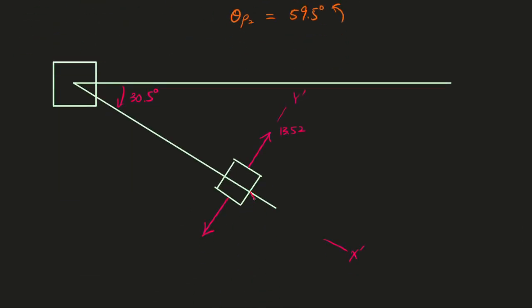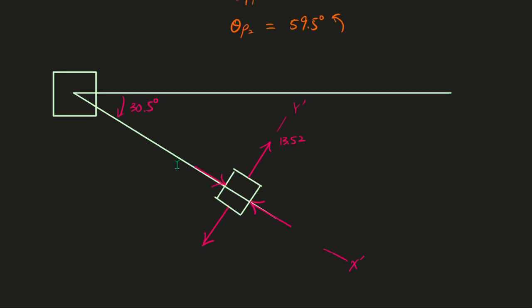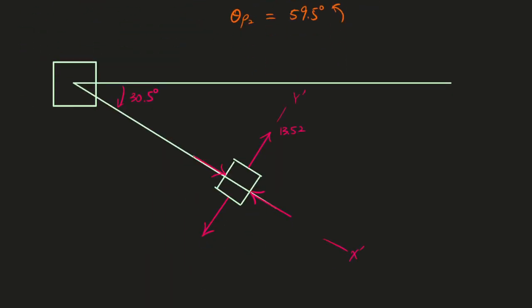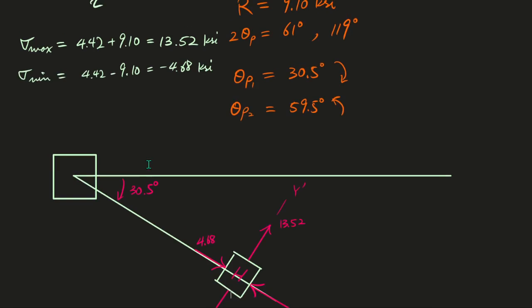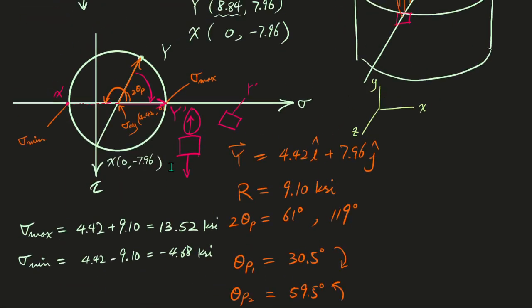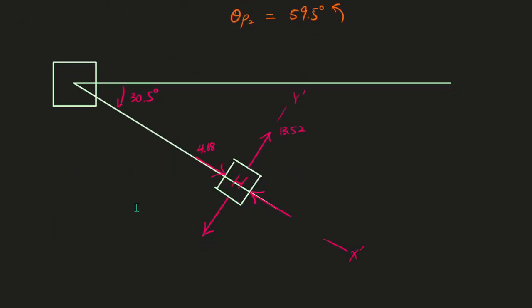So sigma min is a compressive stress, so it will take a form that roughly looks compressive. And what that value was, 4.86. Okay, now this is your rotated state. Is there anything else that needs to be done? No. So that's it for this video.